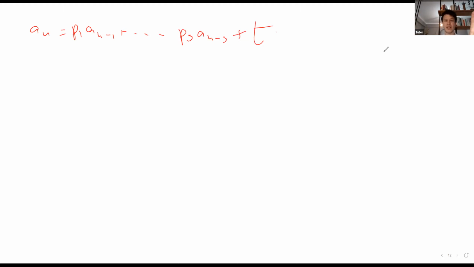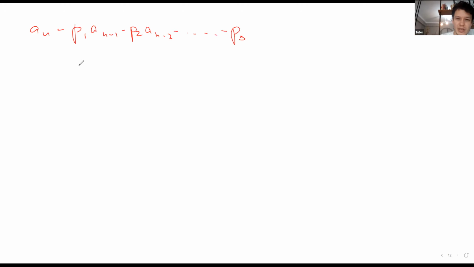Let's move all the stuff with A on one side. If you're given an equation like this, you can rewrite it like this: An minus P1 An minus 1 minus P2 An minus 2, and then minus, whatever, Ps An minus s.